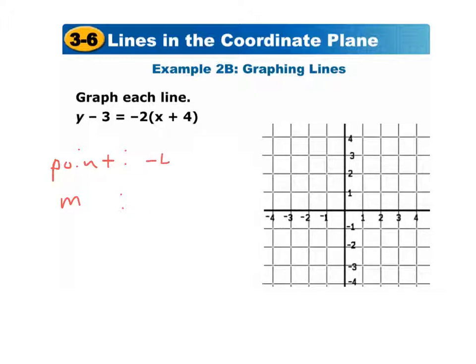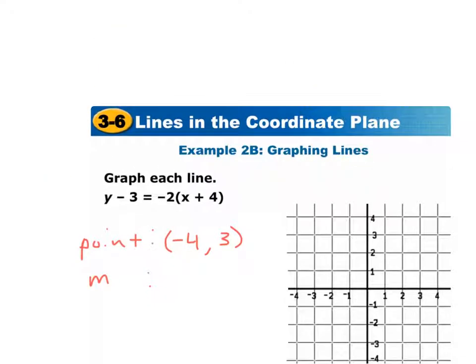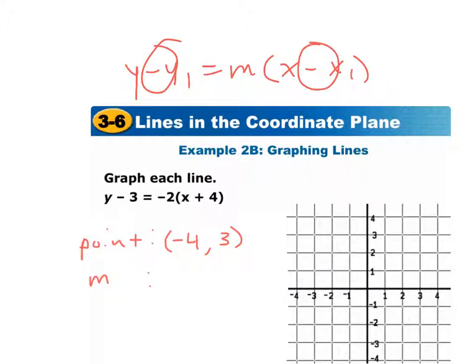So it'd be (-4, 3). Since point slope form is y minus y1 is equal to m times x minus x1. Since these are negative, we flip the signs of these. So this becomes -4 and this becomes +3.